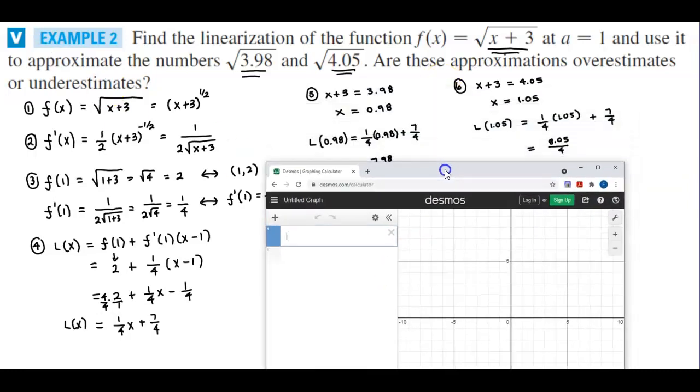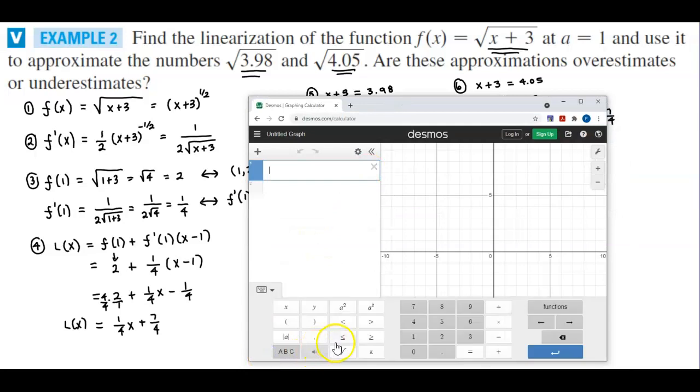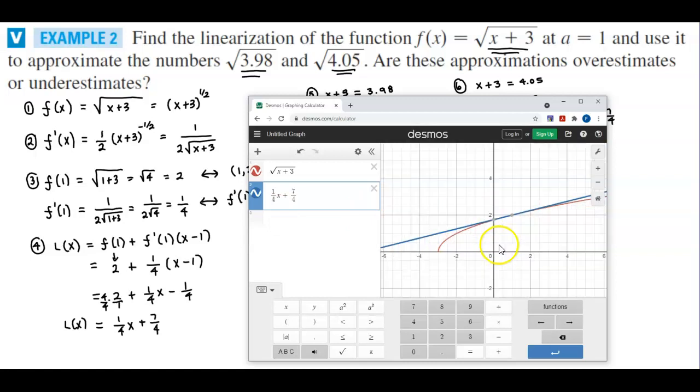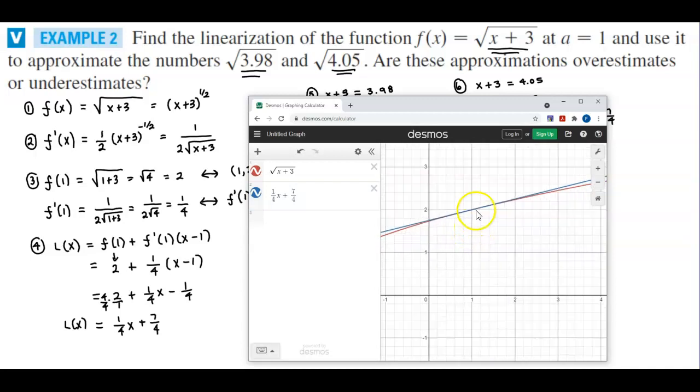So we're first going to go ahead and graph our function, which is the square root of x plus 3. Okay, and then we're going to graph the linearization function, which is 1/4 x plus 7/4. Okay, so let's see what's happening here. So we have a value here at 1, 2.